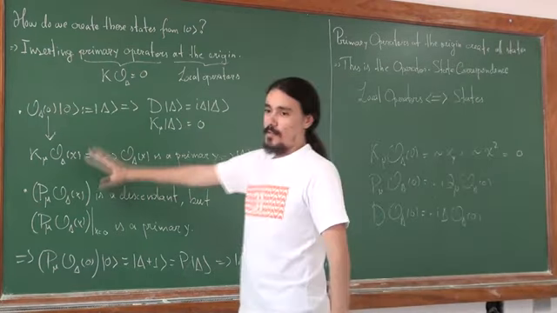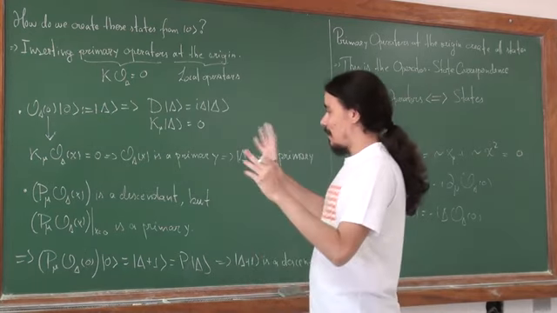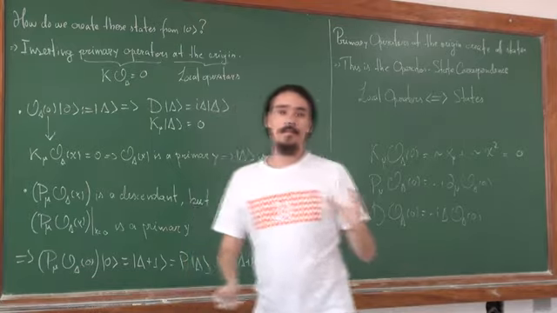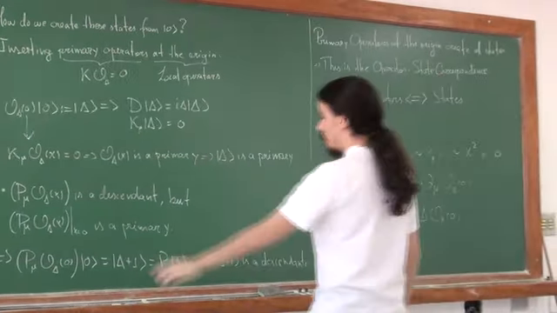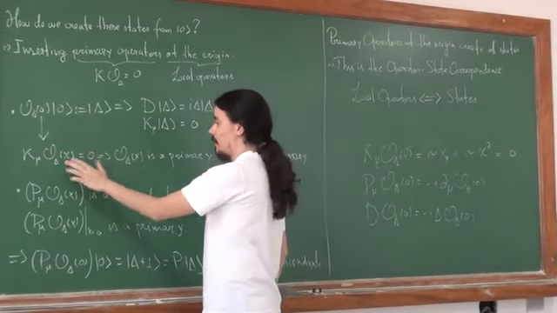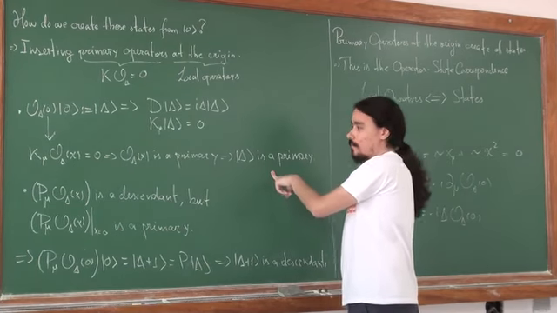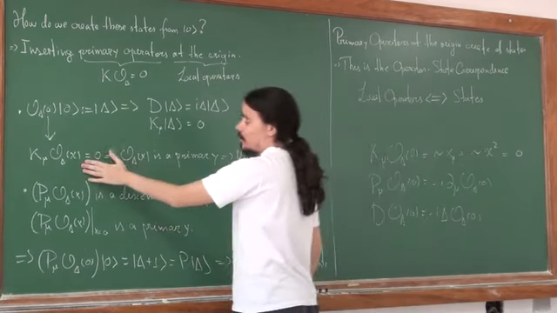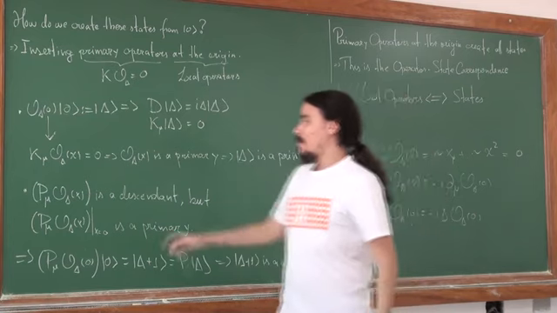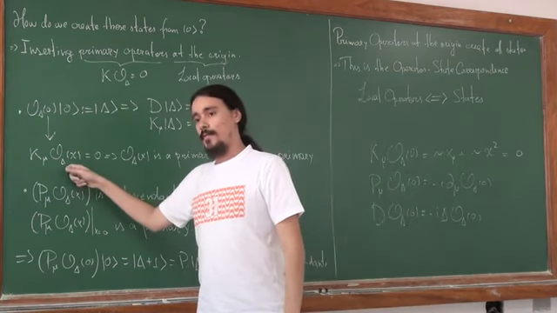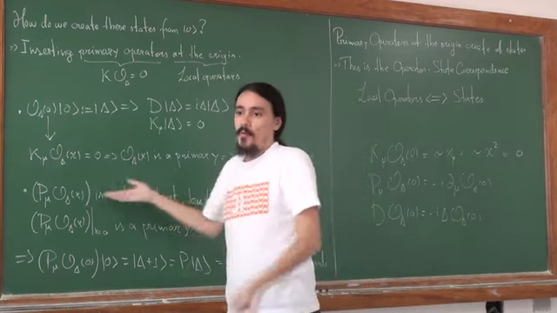Okay? I think at least one of the reasons for the confusion that arose in the previous lecture was because maybe I did not do this scaffold. Okay? If you take any primary operator at any point x, it is a primary operator, it will create a primary state. Okay? If you look at this operator at the origin, it doesn't matter, it will still be a primary state. Now if you take descendants of this operator, then, okay, it will be a descendant.